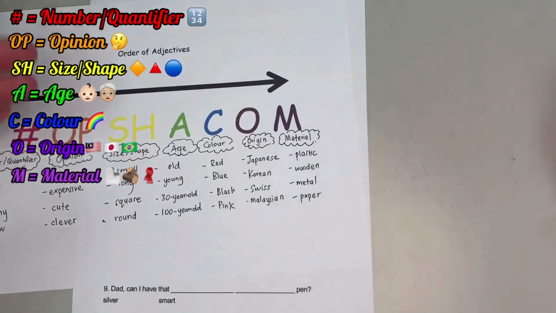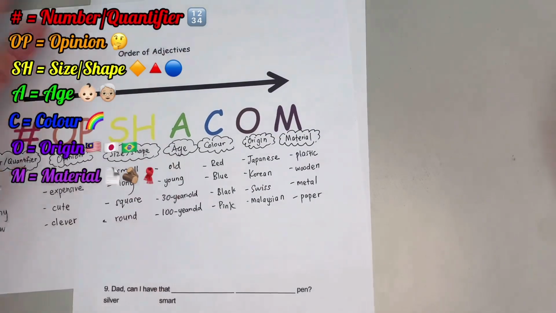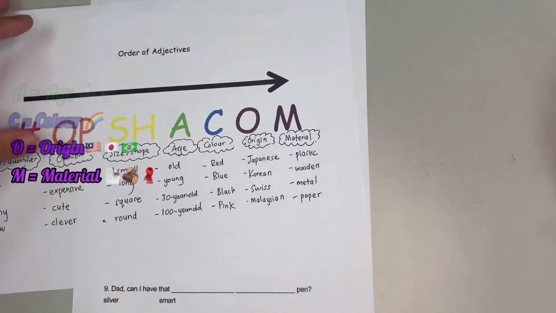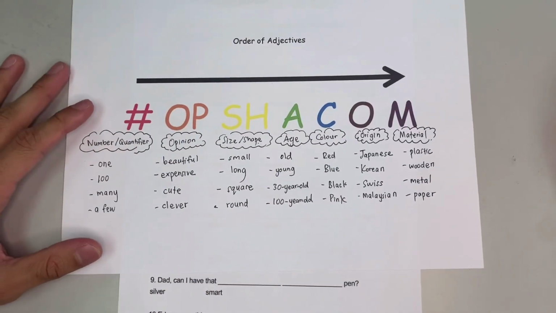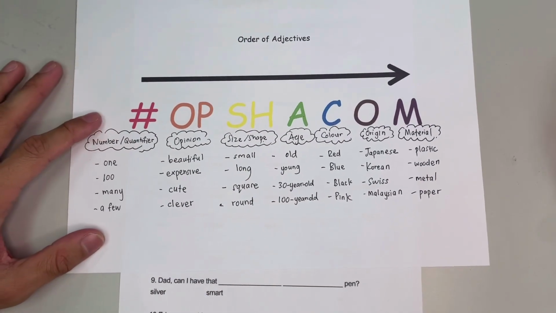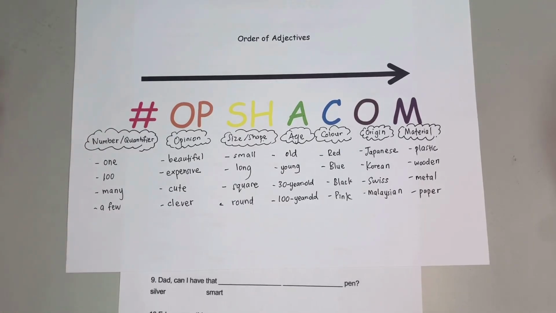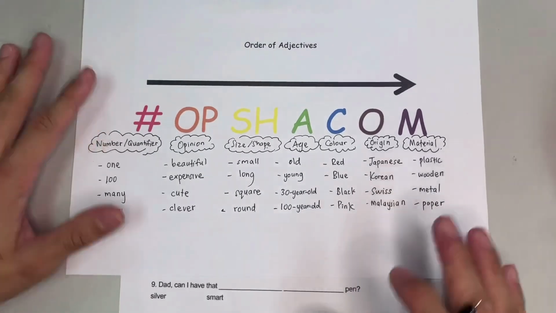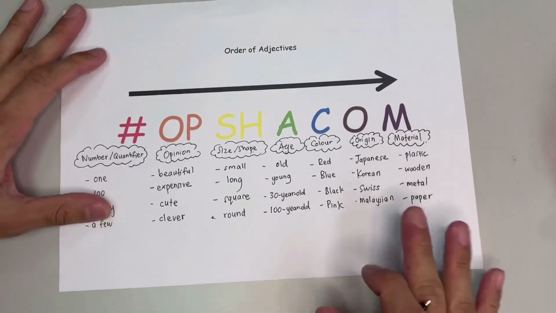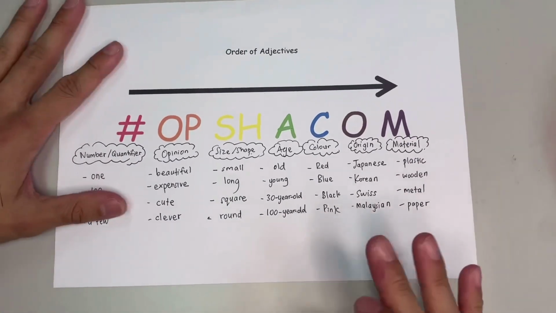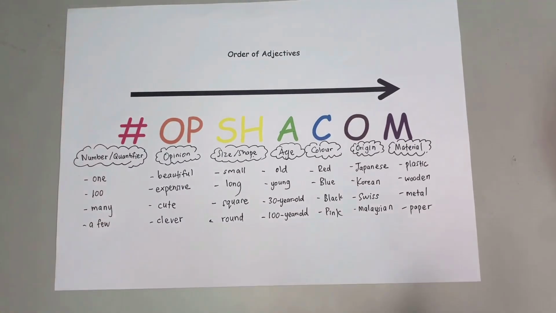These are some examples, and there are many more examples for materials. So this is basically the hashtag OPSHACOM rule that we can use to remember the order of the adjectives a little bit easier. Please copy into your exercise book. Once you are done, let's practice the OPSHACOM rule on 3 questions.